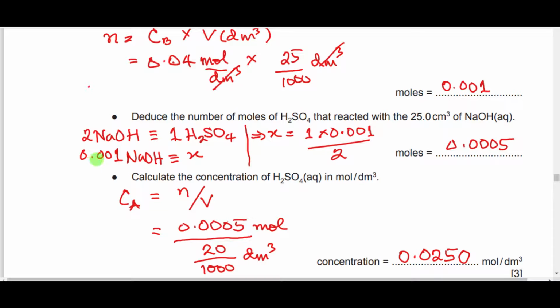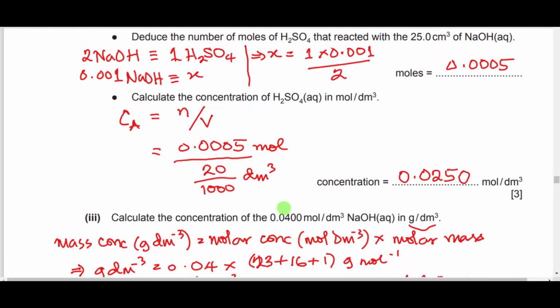So since the amount that reacted is 0.001 mole of the base, half of that amount of the acid will be used up. It gives us 0.0005 mole.